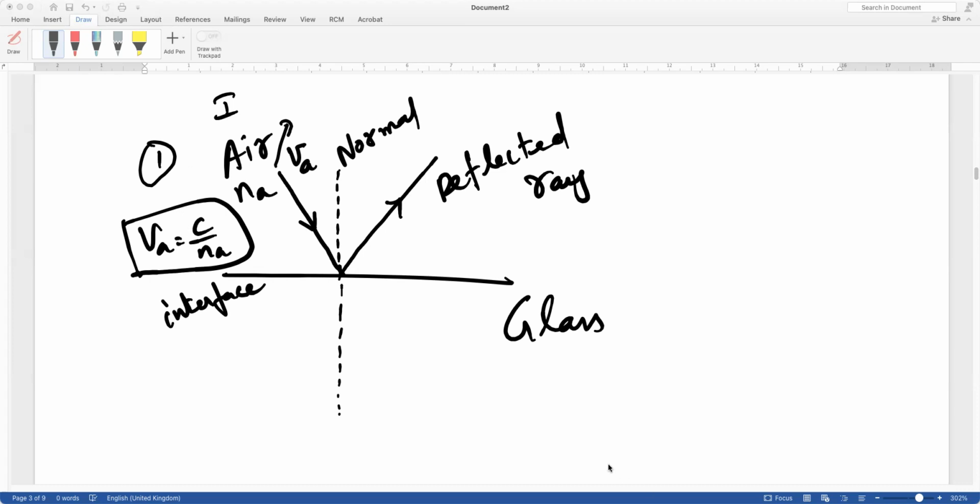But the scattering is actually called Rayleigh scattering. There are different kinds of scattering, and one of them is called Rayleigh scattering.